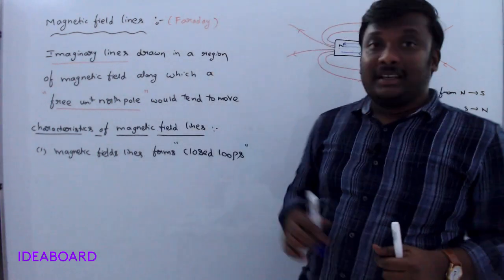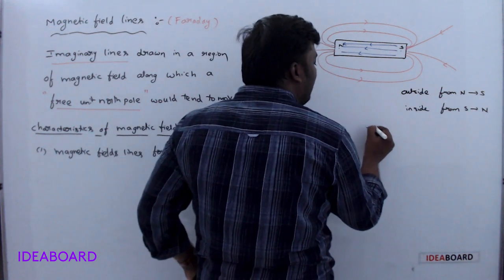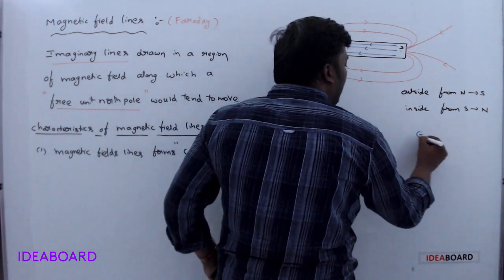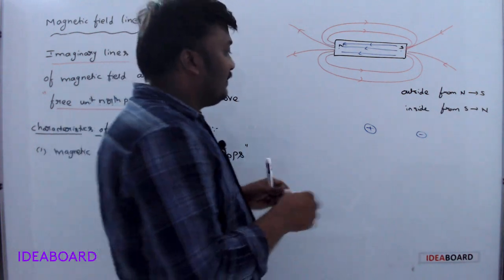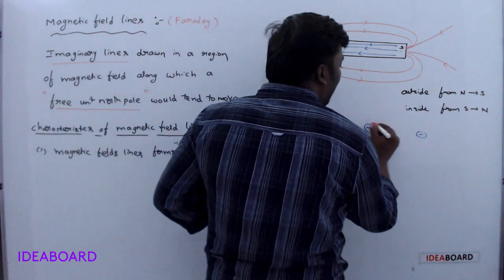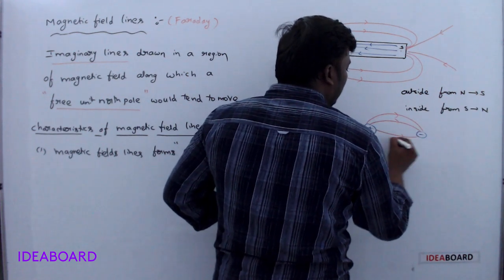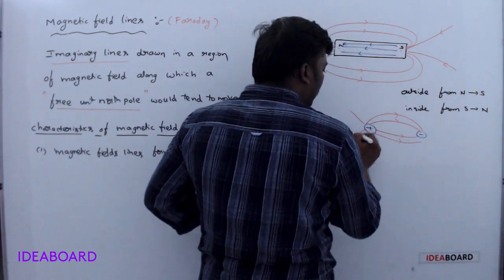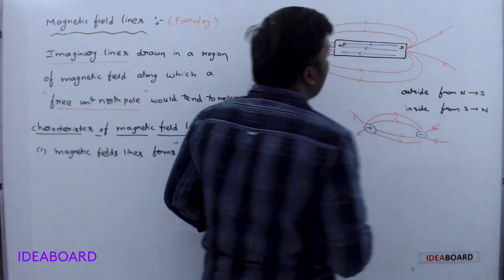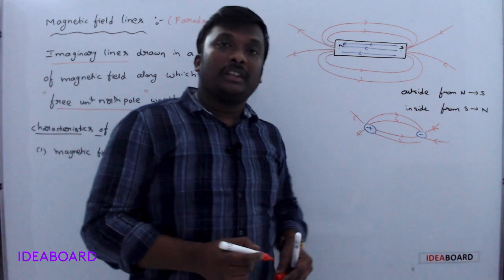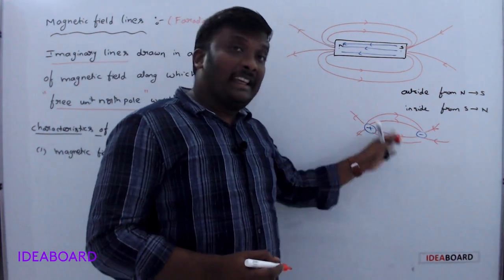Okay, but in case of electricity, we learn about the electric field lines. In case of electric field lines, what we discuss is that the electric field lines start from the positive charge and end at the negative charge. This is the direction of the electric field lines in electricity.